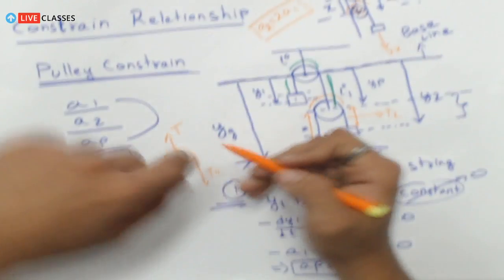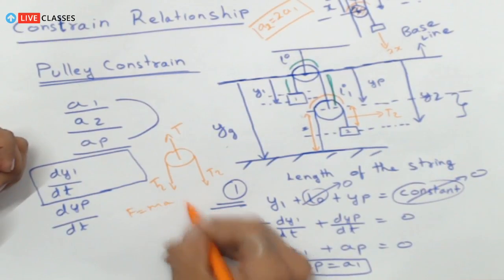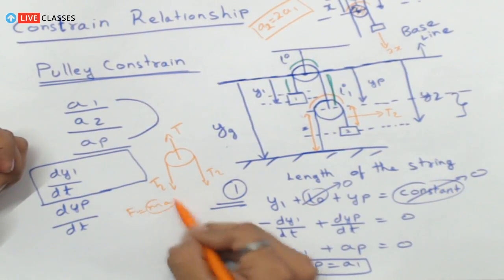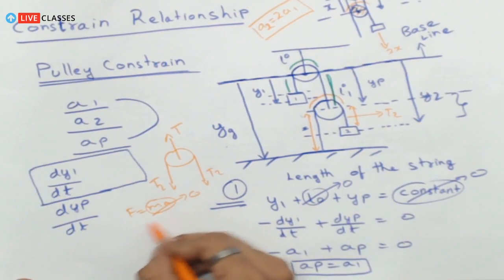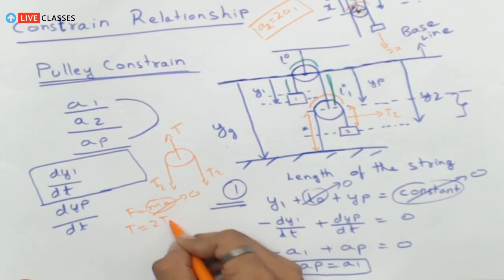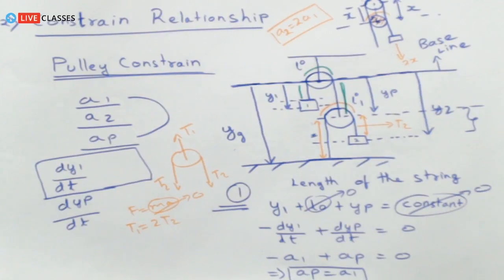As the pulley is massless, when you write the force equation, F equals to m times a, you will get RHS equals to 0, and so T equals to 2T2. This is what I wanted to tell you guys.